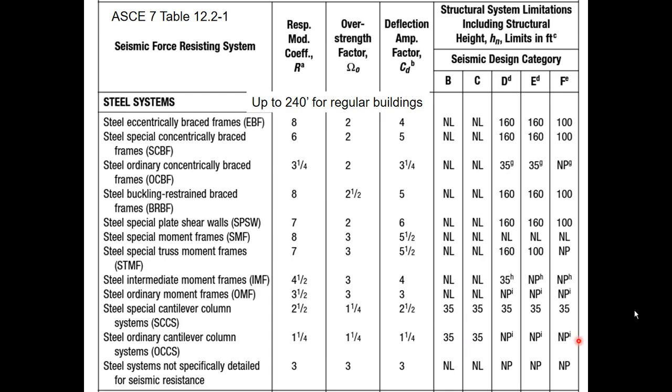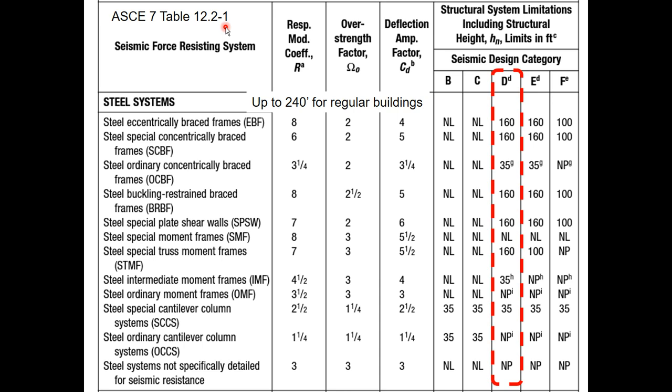Now we turn to Table 12.2-1 in ASCE 7. This is actually a digest of that that's printed in the Seismic Design Manual. It's just the steel systems, so it's a little bit more concise. But it's the same information that we have in ASCE 7, Table 12.2-1.